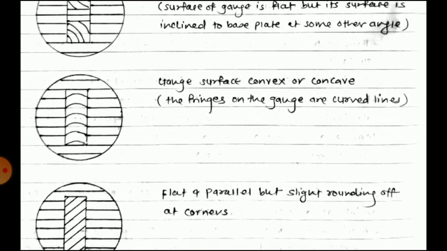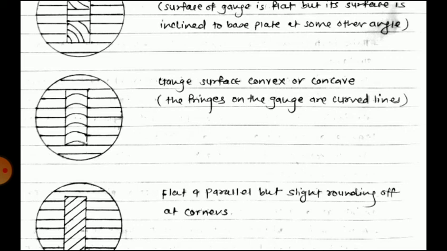Then, if the gauge surface is convex or concave, the fringes on the gauge are curved lines. You can see the outside circle indicates the surface to be tested, and the rectangle inside the circle indicates the optical flat surface.